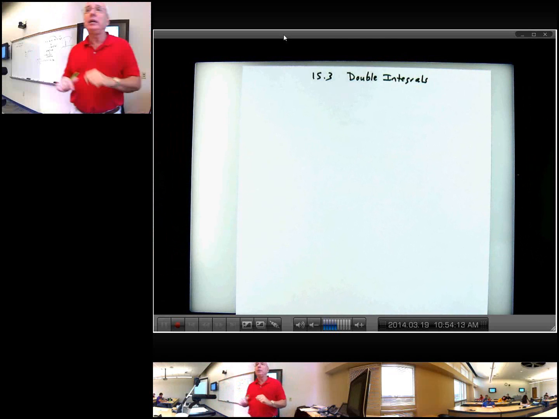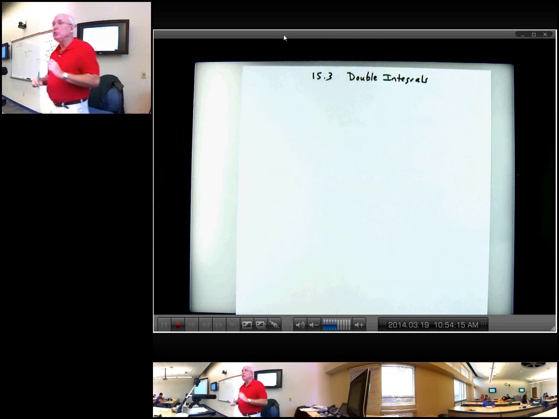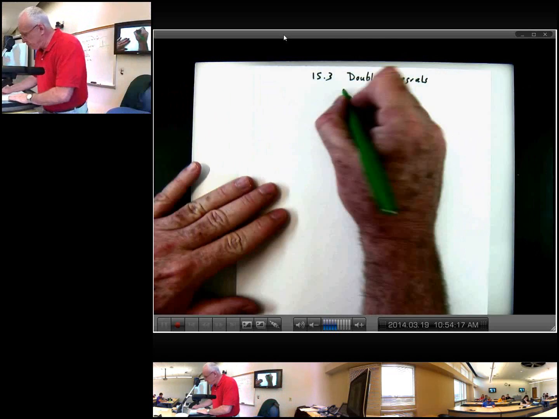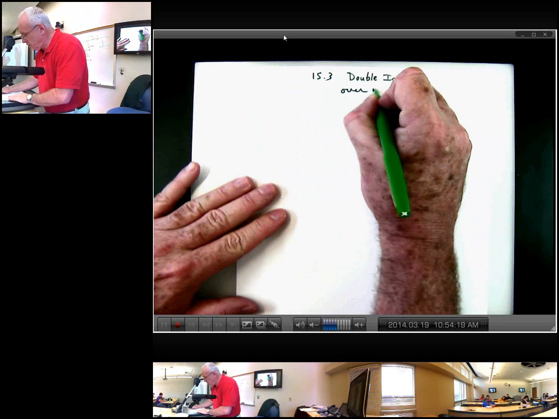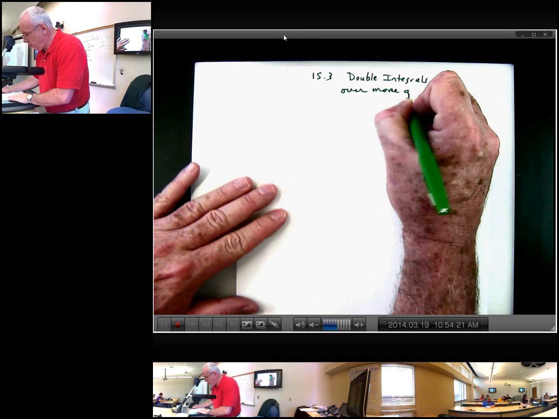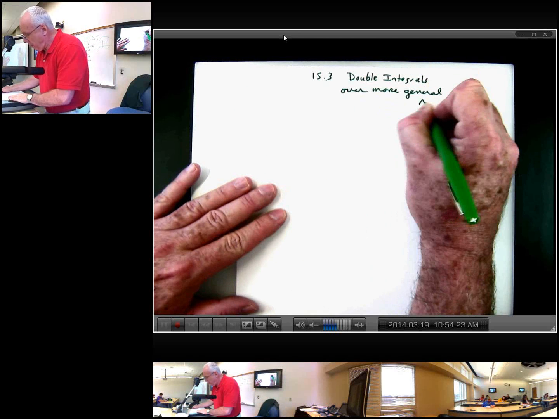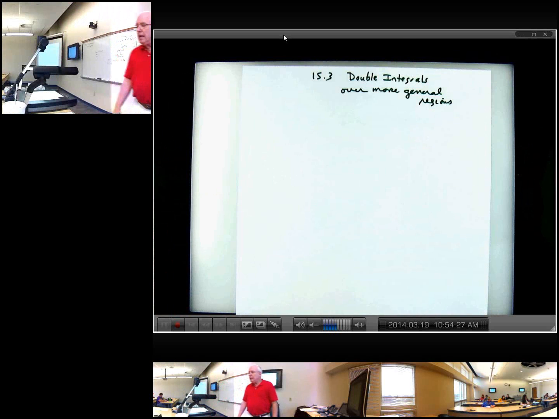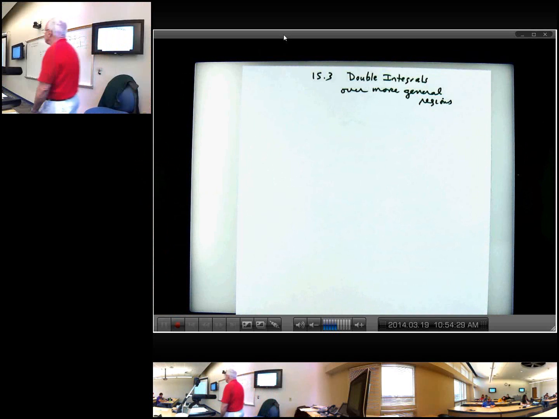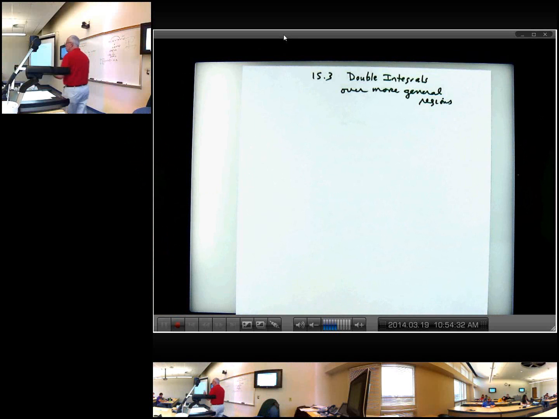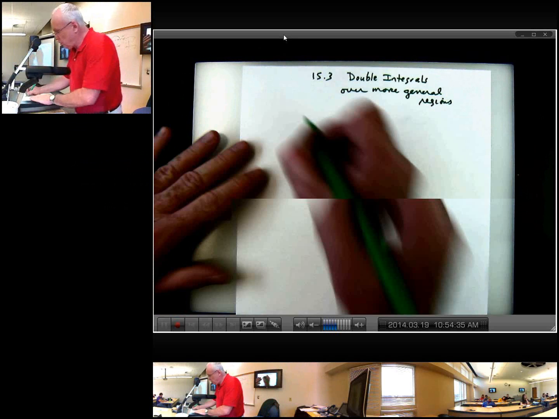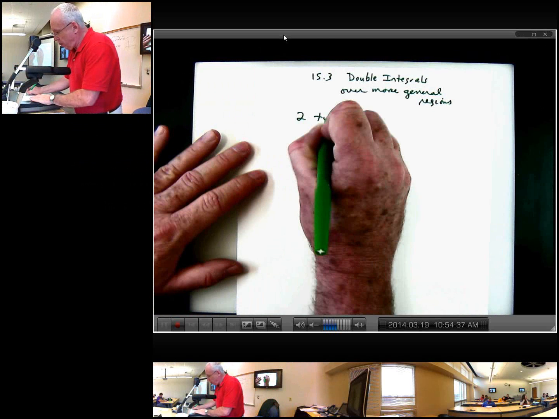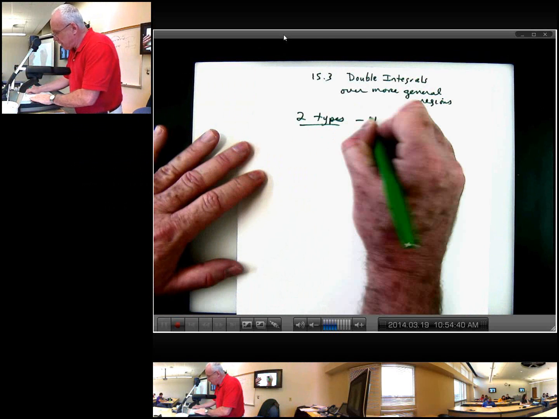We're integrating them over more general regions. Now, these general regions that we're going to be dealing with, there are 2 types of these regions. Type 1 and type 2.